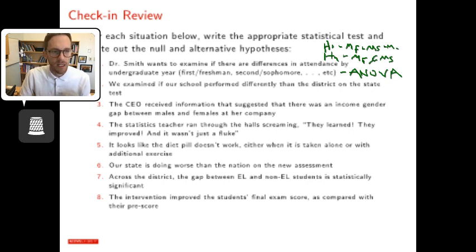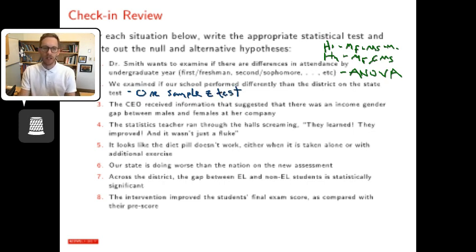All right, number 2. We examined if our school performed differently than the district on the state test. So we're comparing our school to a district, okay? So assuming that we know something about the variance of the district, we could have this one be the one sample z-test. If we think about the district as a population from which the school comes from.